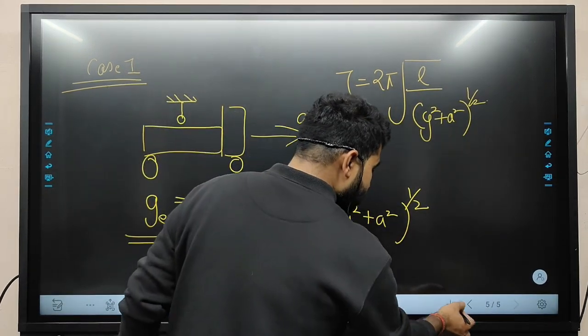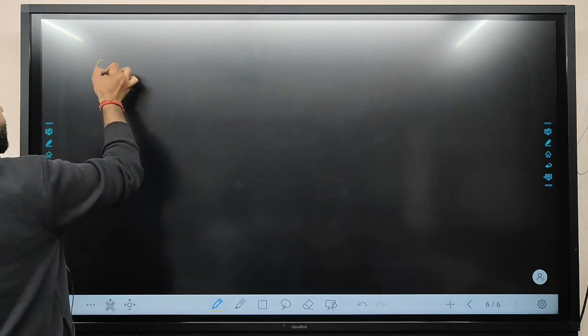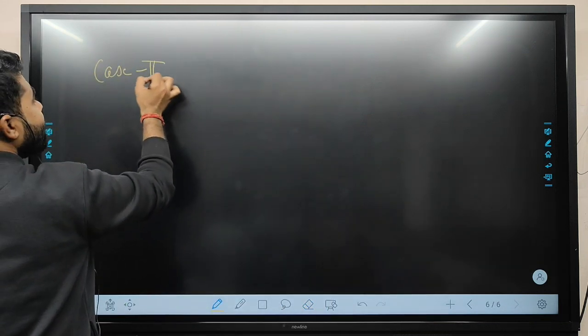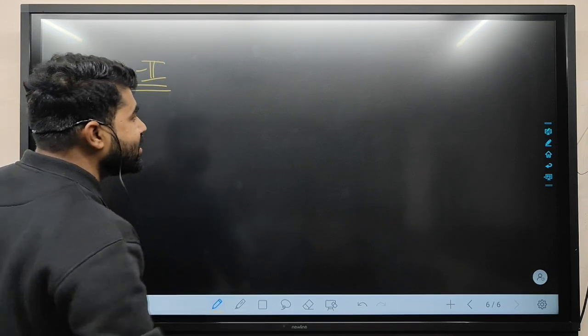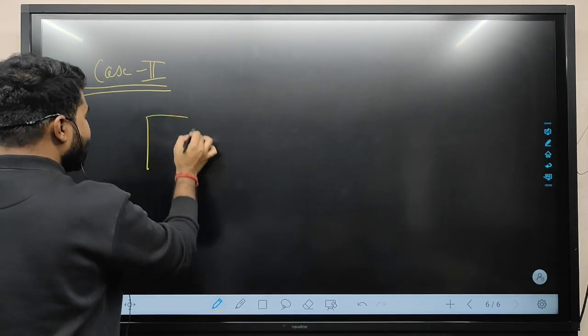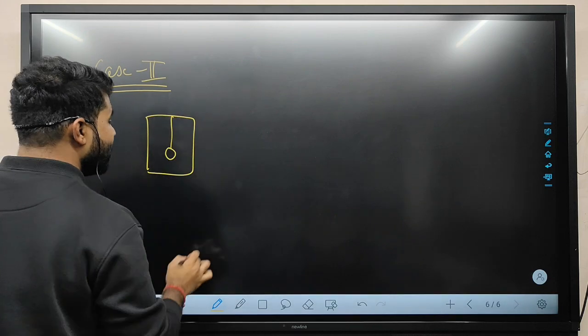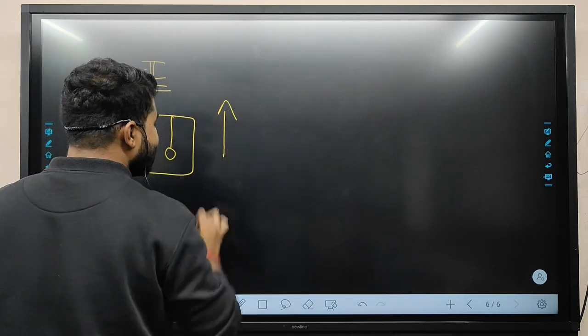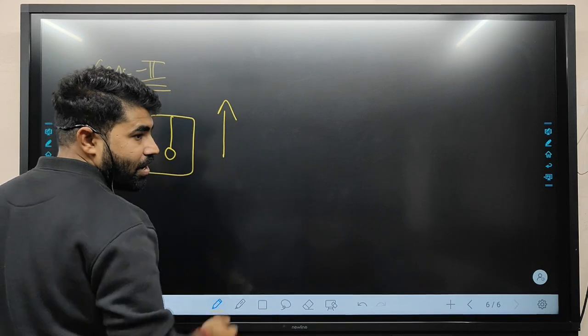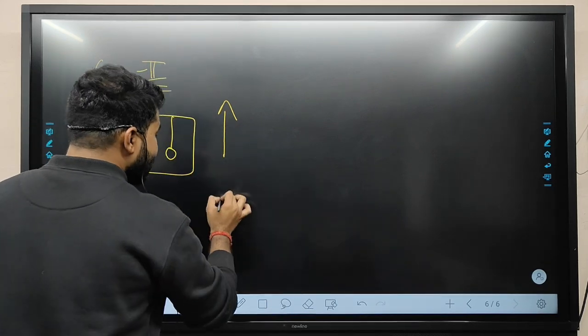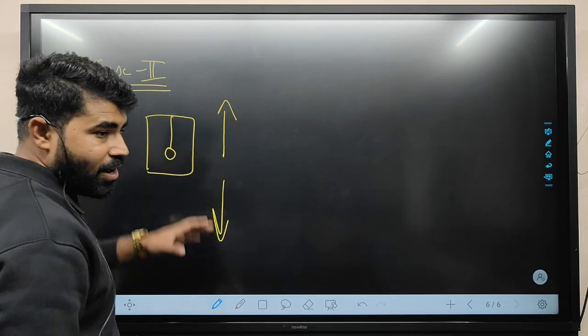Now case 2. Now consider the body is in a lift. For example, this is a pendulum in a lift. The first time the lift is going up, and in the second case the lift is going in the downward direction.